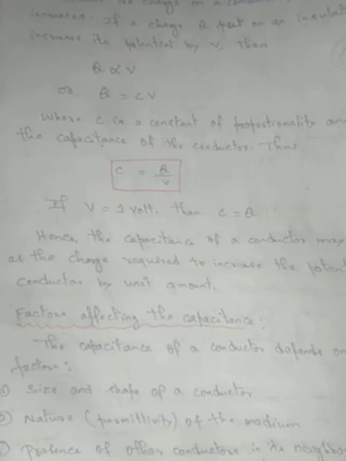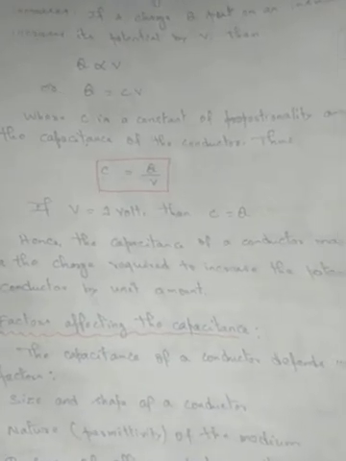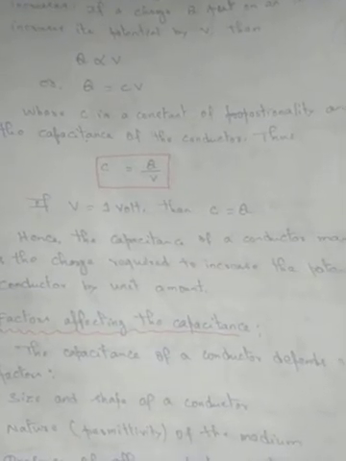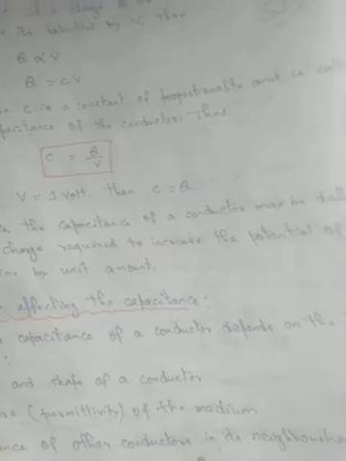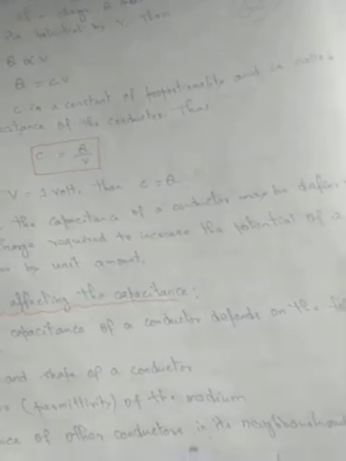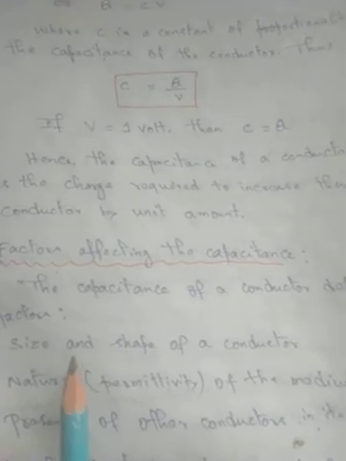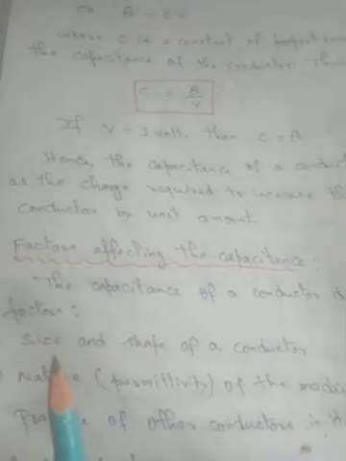Now, what are the factors which affect the capacitance? The factors that affect the capacitance of a conductor are as follows. Number 1, the capacitance of a conductor depends on the size and the shape of the conductor.